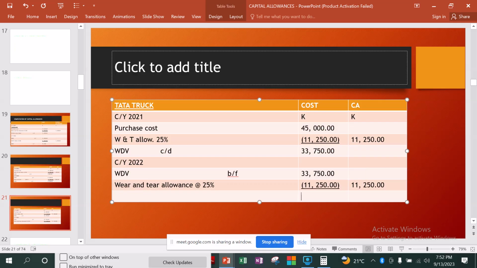We remain with, if you deduct, you're going to have 22,500 as written down value, carried forward. Okay, so we can make it a bit look nice.